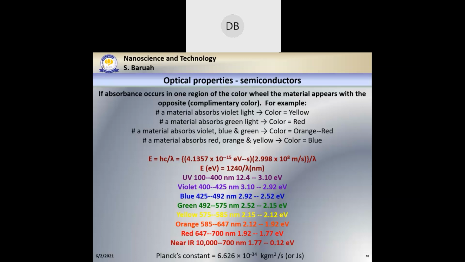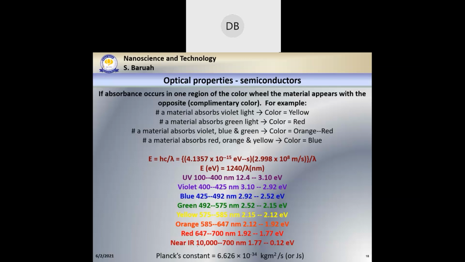Gradually as the wavelength increases, the energy will decrease, obviously, because energy is inversely proportional to lambda. So these are the different calculations for the different colors, the energy bands.